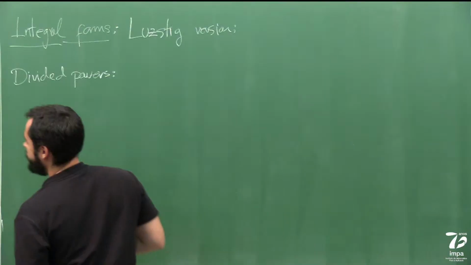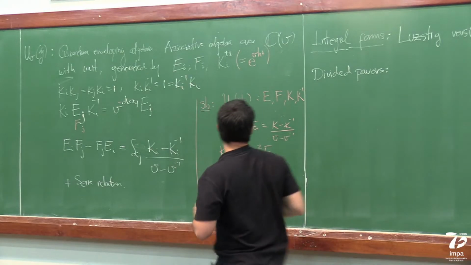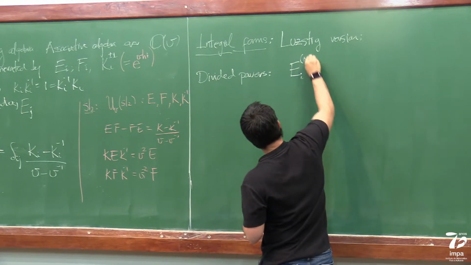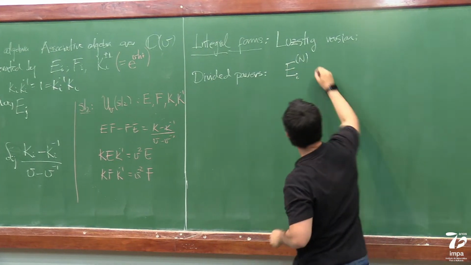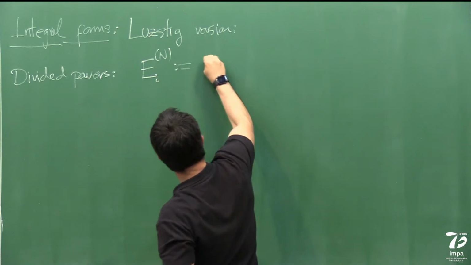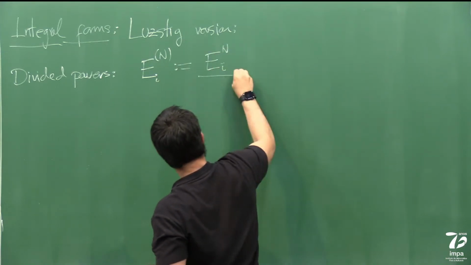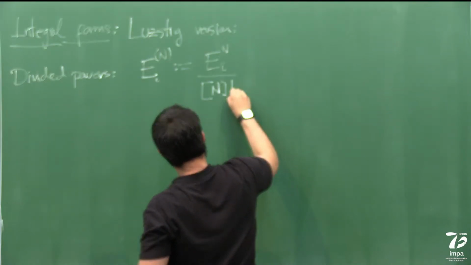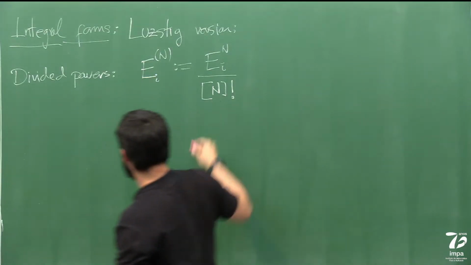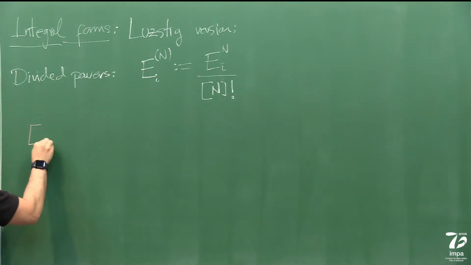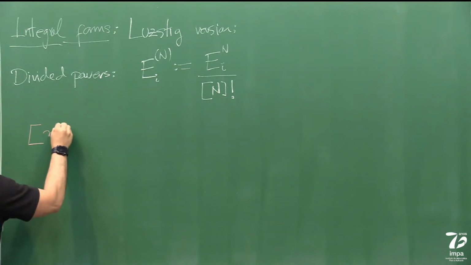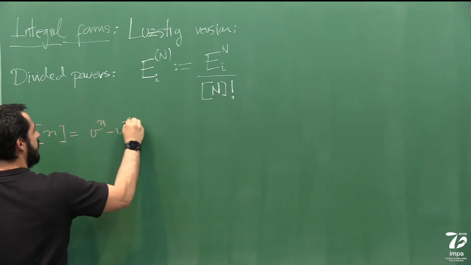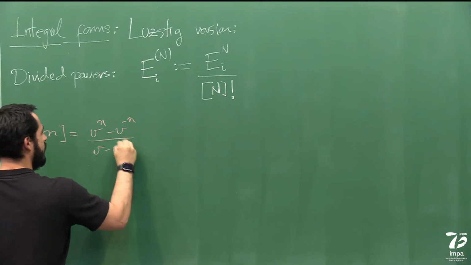Divided powers are new generators defined in terms of these guys, which I denote E_i to the power n in parentheses, which by definition is E_i to the power n divided by n factorial. And this number in brackets is called a quantum number: for any n, it is just v to the n minus v to the minus n over v minus v inverse.